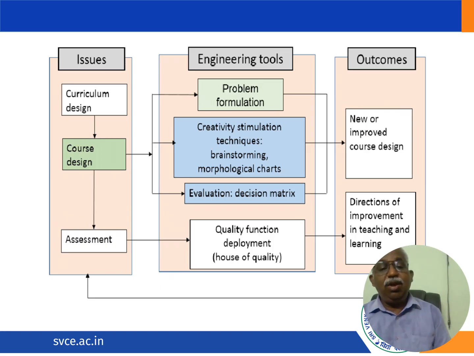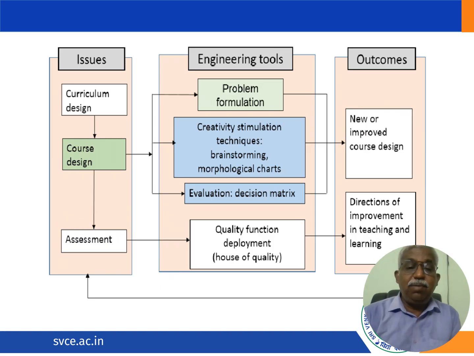Now we have quality function deployment as an engineering tool. We have TQM, total quality management. We have quality management tools. We are also involving the quality management tools for developing this. Now we have an improved designed course which satisfies all the needs.